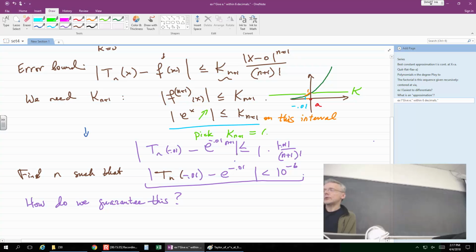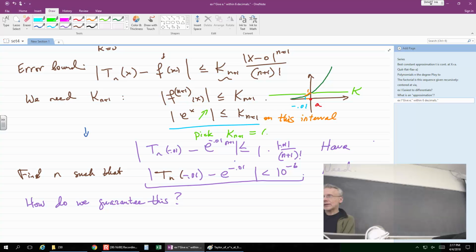As you can see, the left-hand side is the same and it depends on n. This is what we have, and this is what we need. We need to guarantee the second inequality based on the first inequality by our choice of n.